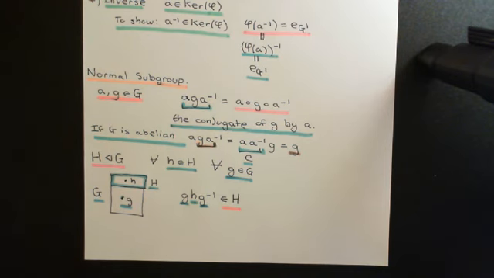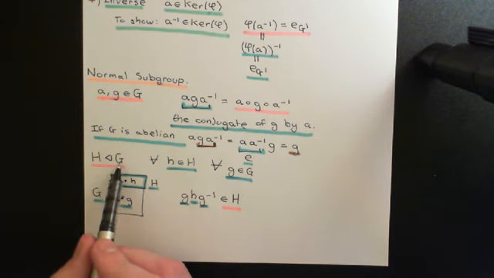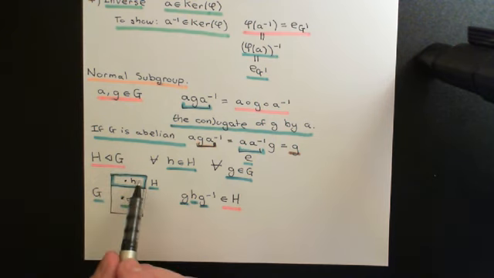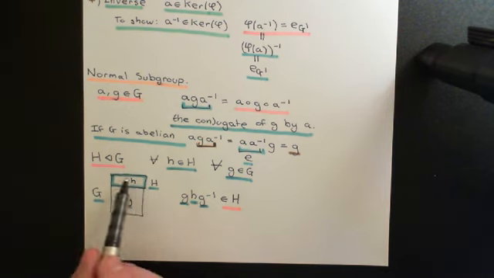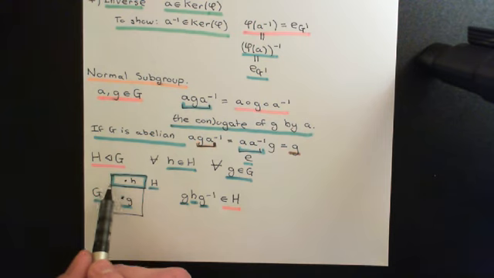That is what we mean by saying that capital H has to be stable under conjugation by any element in capital G. We mean that if you take any element of capital H and conjugate it by any element you choose of capital G, whatever answer you get, it is an element of capital H back again.